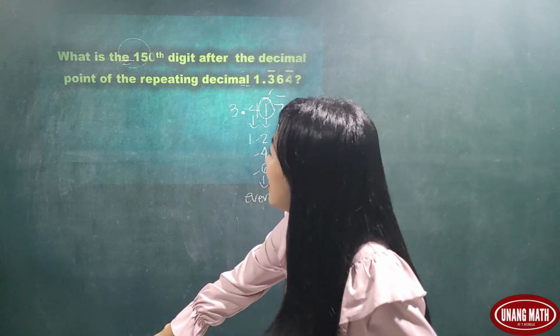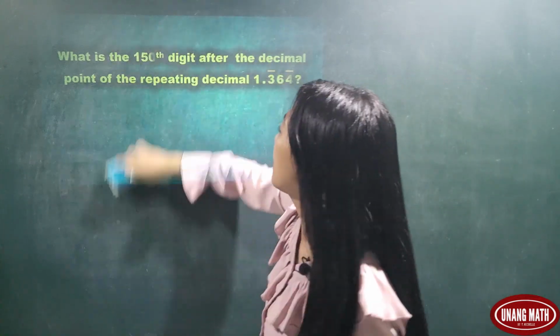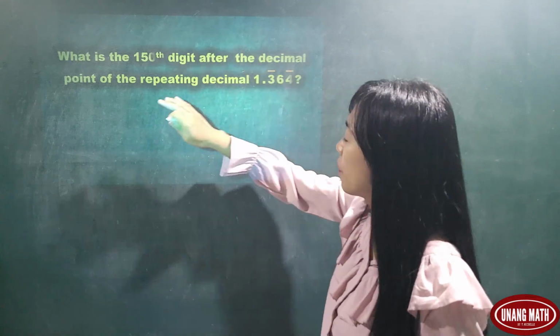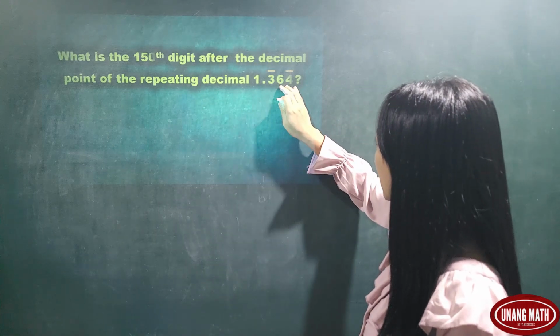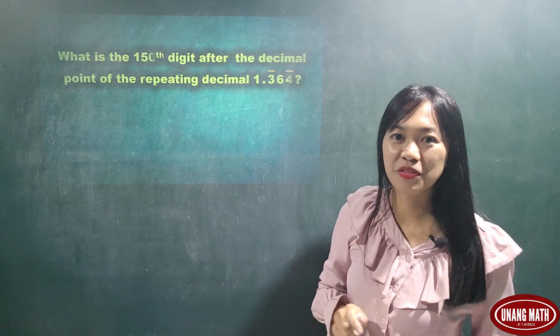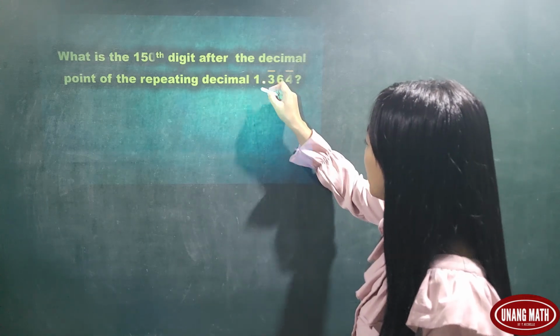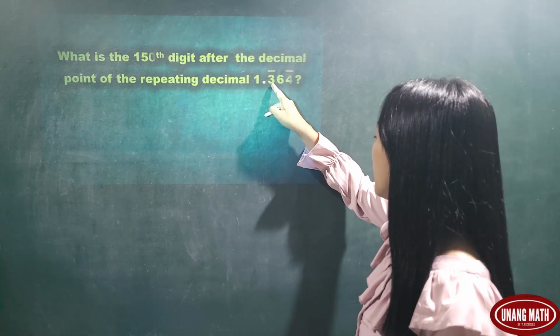Okay, now, let's move on to the third problem. What is the 150th digit after the decimal point of the repeating decimal 1.364 and so on? Okay, now, the repeating block have digits 3, 6, 4.